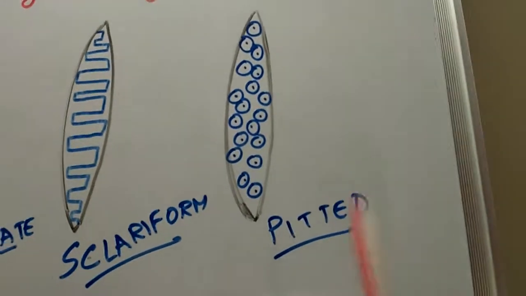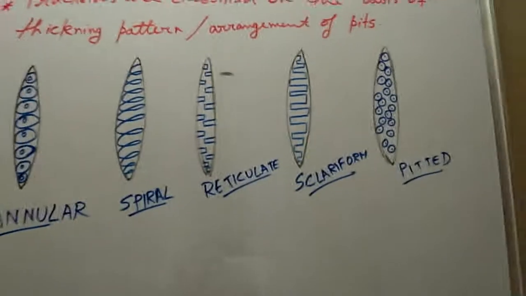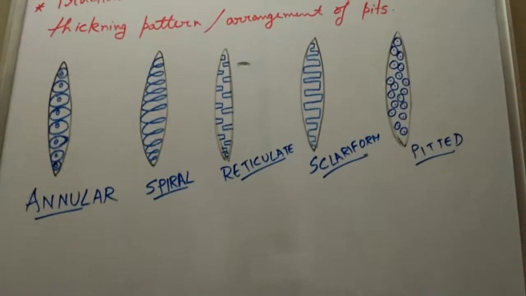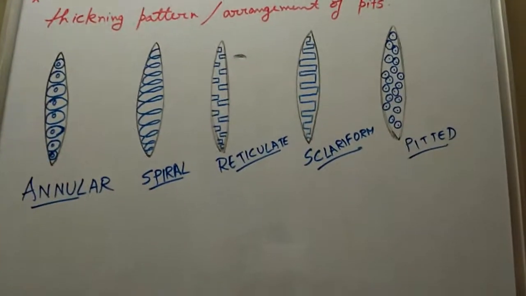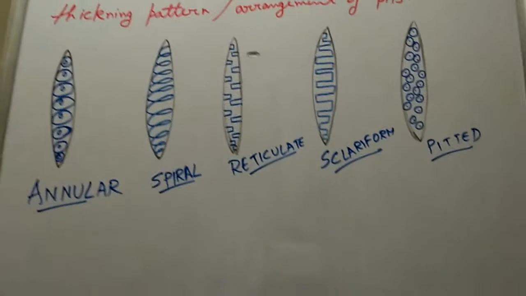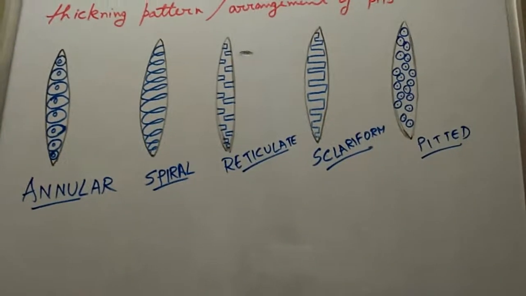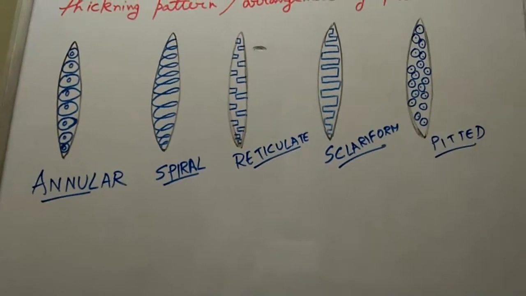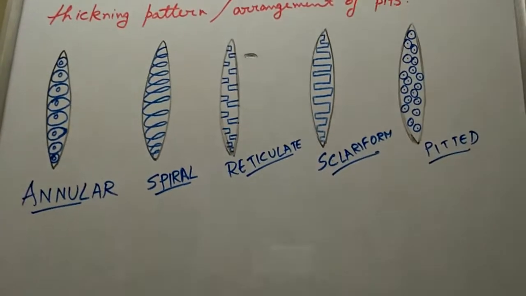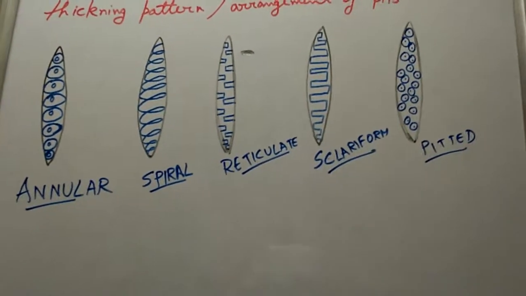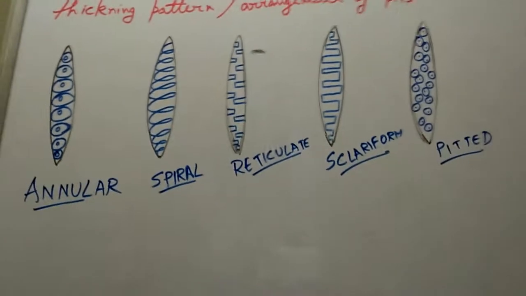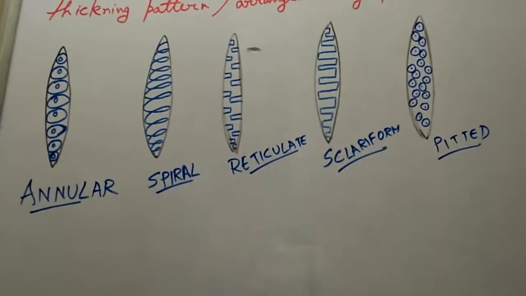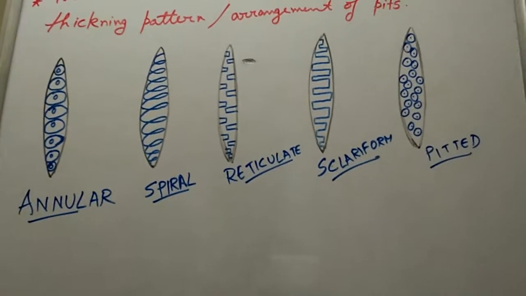So this is the pitted type of tracheids. Just note them down carefully and observe each of the diagrams closely, so that you can understand the arrangement of pits or the thickening pattern in all these 5 categories of tracheids.